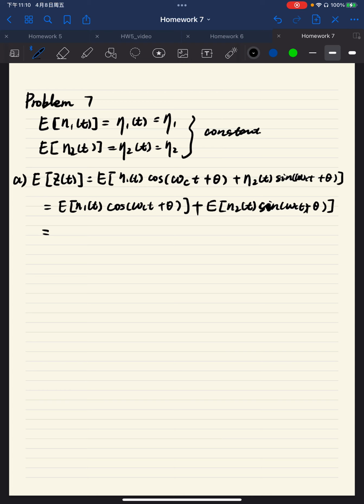Because of the independence, each can be separated as the expected value of N1(t) times the expected value of the next part.